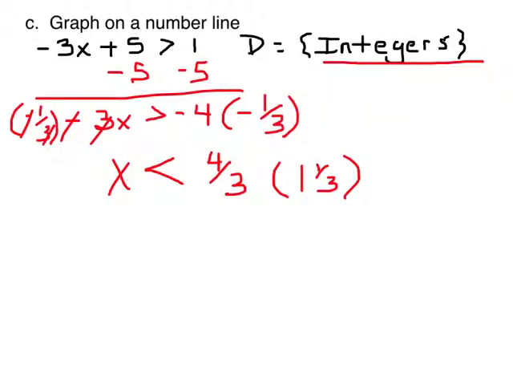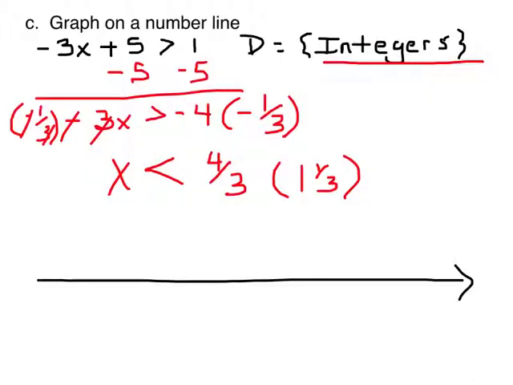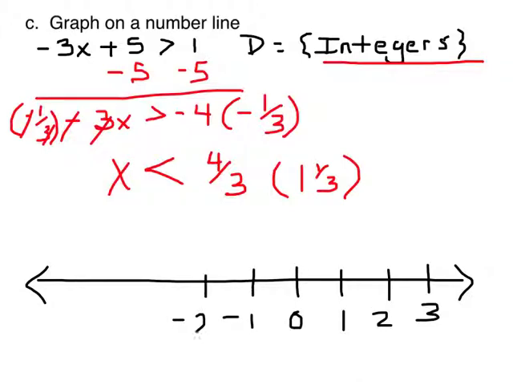Now remember that our domain is integers. Well, 1 1/3 is certainly not an integer. So let's start here with 3, 2, 1, 0, -1, -2, -3, -4, and so on.